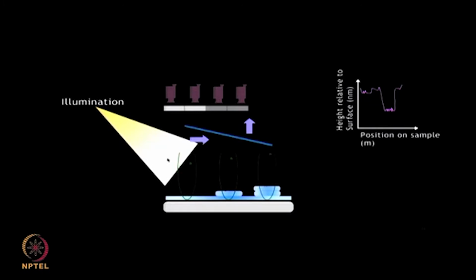As you can see here in this animation, when the biomolecules are printed at different depths, that difference in the optical path difference is measured here on the silicon dioxide and silicon surface.